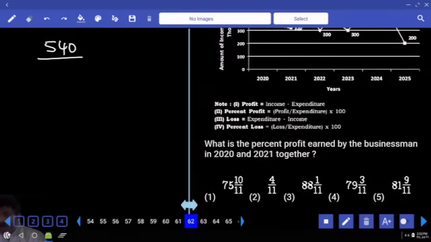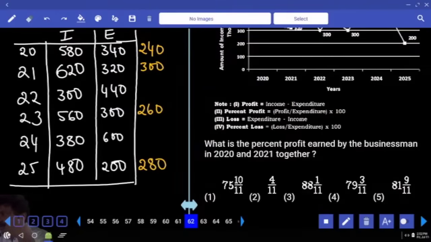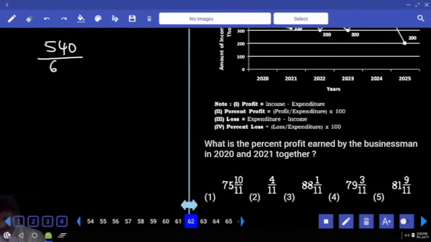Profit percentage is always calculated on cost price, in the sense of expenditure only, which is 660. Percentage is always calculated with respect to the denominator. What is the difference between numerator and denominator? The numerator is 120 less.